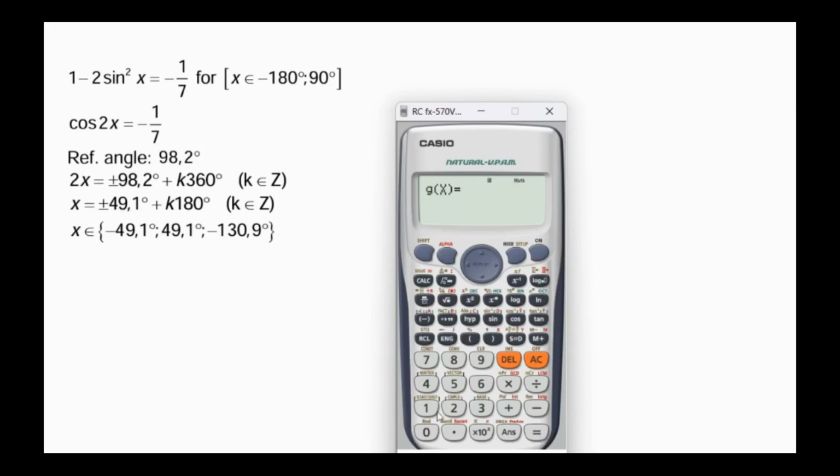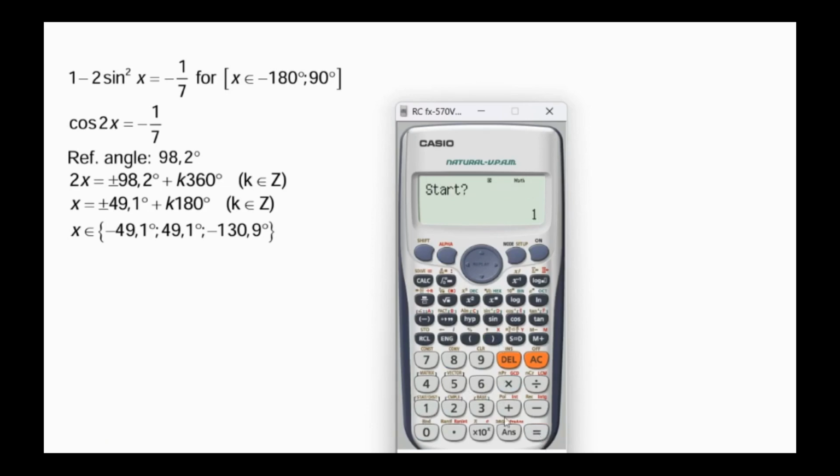Then press equals, and then you can put the second one, which is negative 49.1 plus 180 times k. We say alpha x, and then equals.